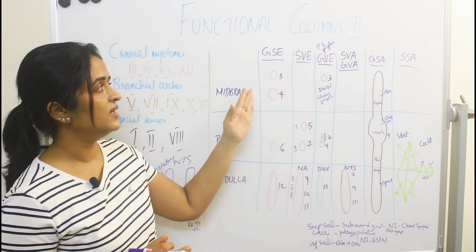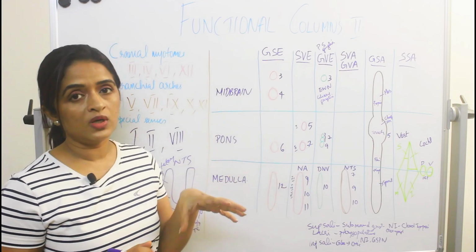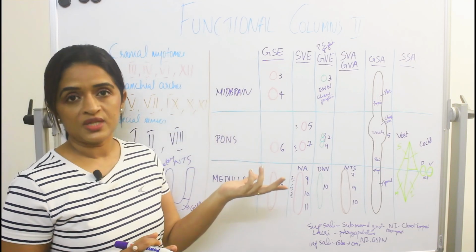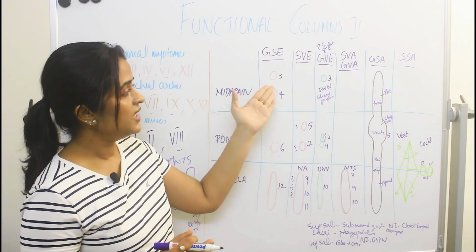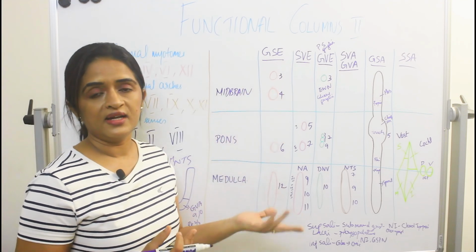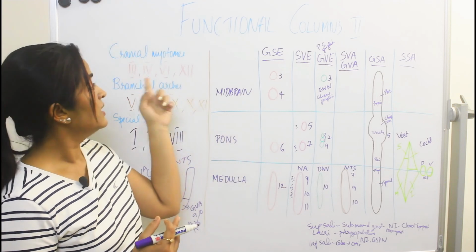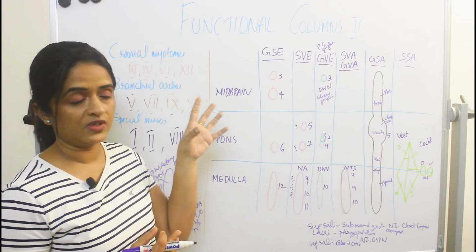The first one is general somatic efferent, that is the motor component to supply the muscles. They are actually 3, 4, 6 and 12, and they are derived from the cranial myotomes. We have already mentioned it here, the morphological classification of the cranial nerves.